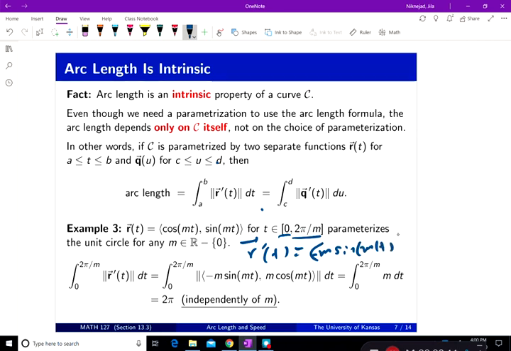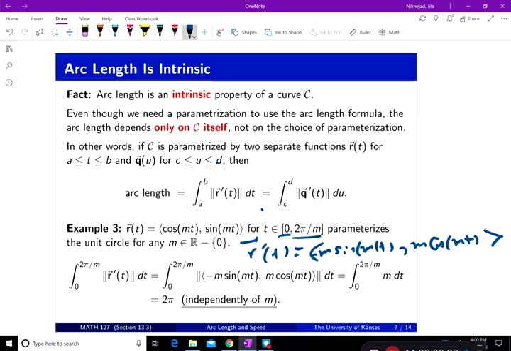Then the derivative of sine of mt is m cosine of mt, and this is a parameterization in the xy plane.